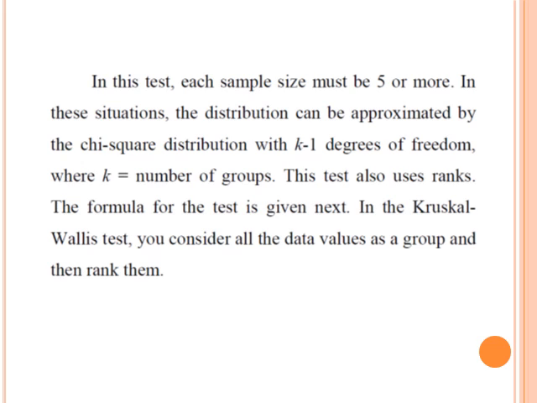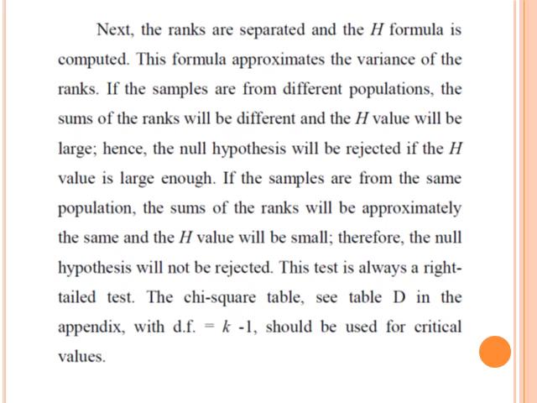The Kruskal-Wallis test considers all the data in the values of the groups, and we use ranks without excluding any of the data. Then the ranks are separated and the H formula is applied.